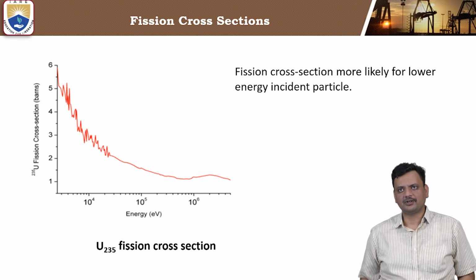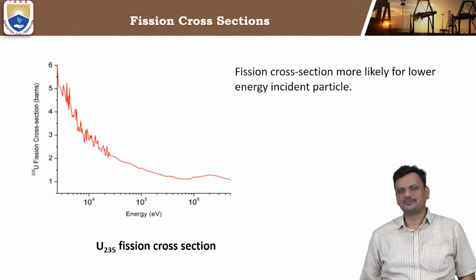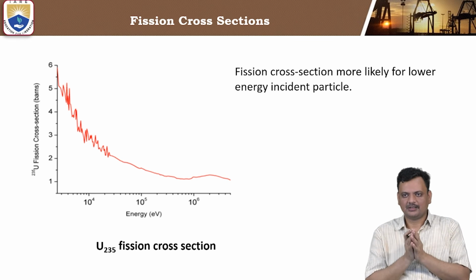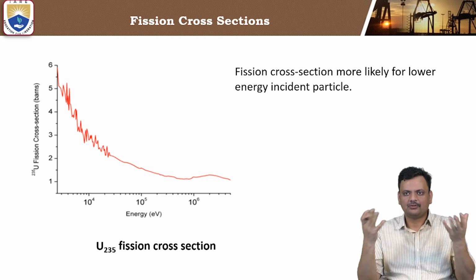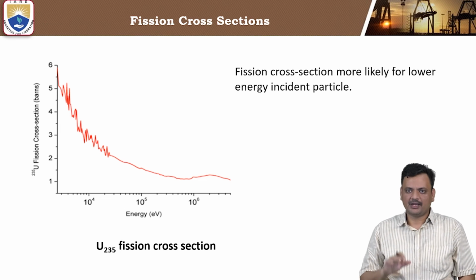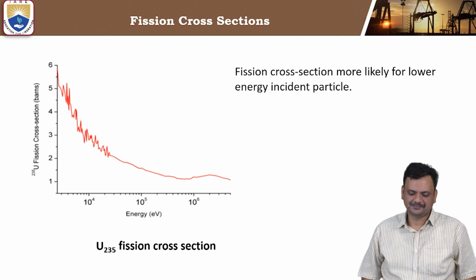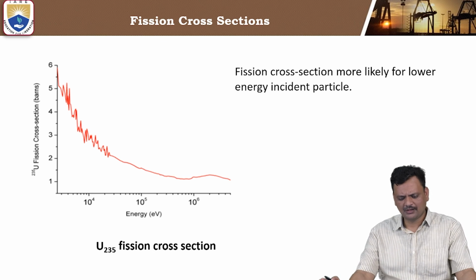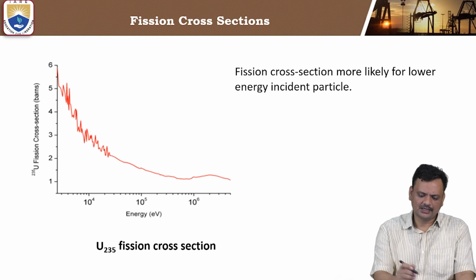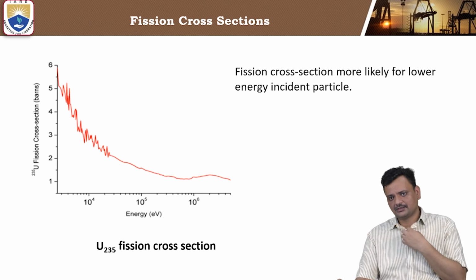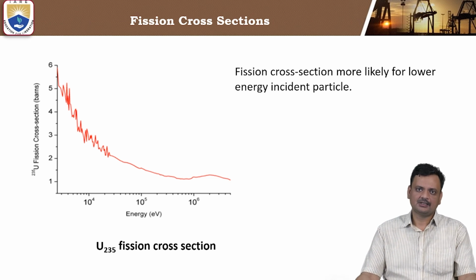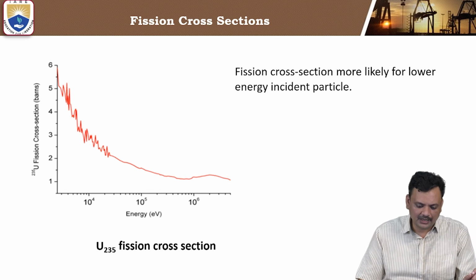So here I am going to discuss fission cross section. Fission means one bigger nucleus will decompose into two or more smaller nuclei. What I want to tell here is that this graph is plotted between energy and fission cross section of uranium-235.